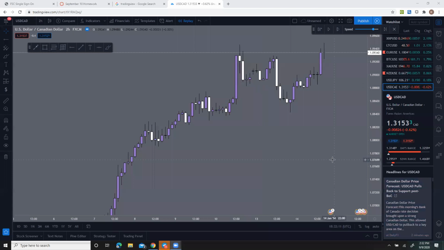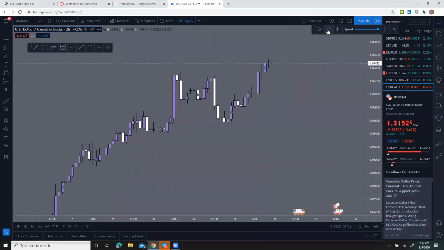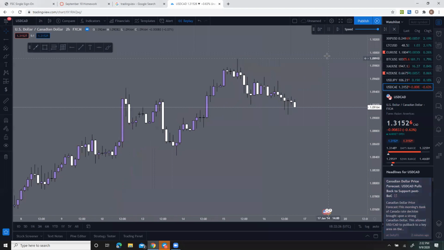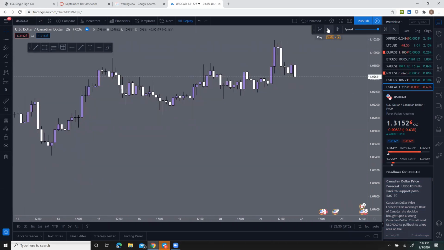If it doesn't work, you're gonna write down why it doesn't work. Make sense? Hit play like this, and you just go ahead and find plays and then see if they work. That's how you backtest.